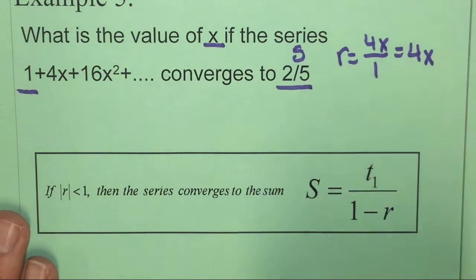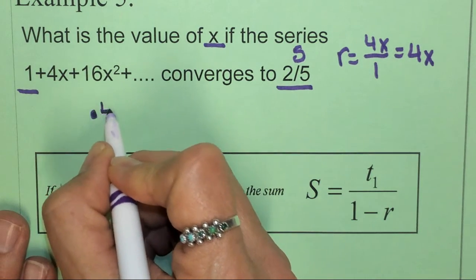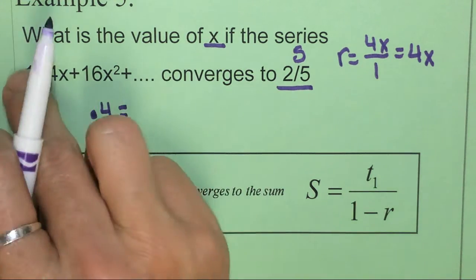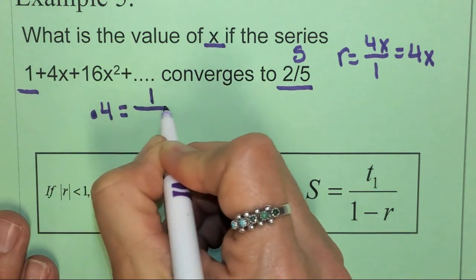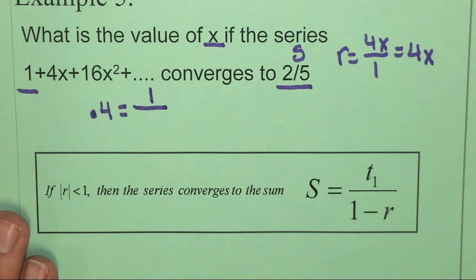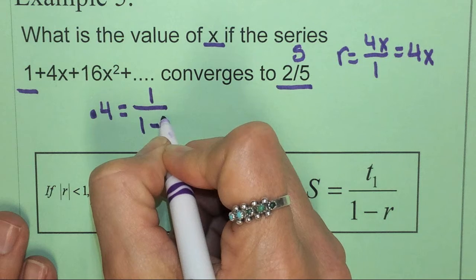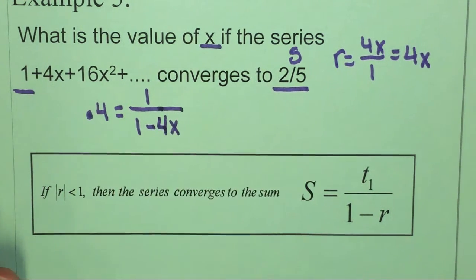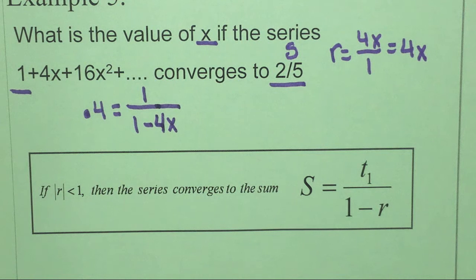Okay, so we'll change this to 0.4. It doesn't really matter. So 0.4 equals my T1, my first term is 1, over 1 minus, what's my R? Minus positive 4x. Okay, so that's what we got right there.